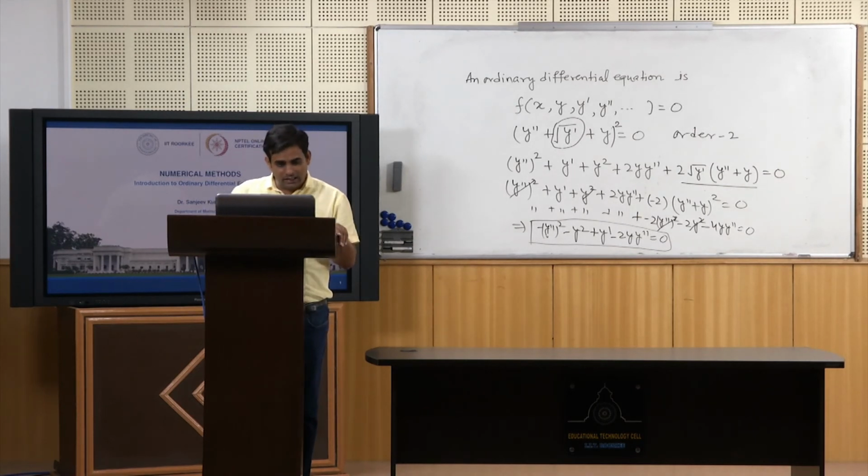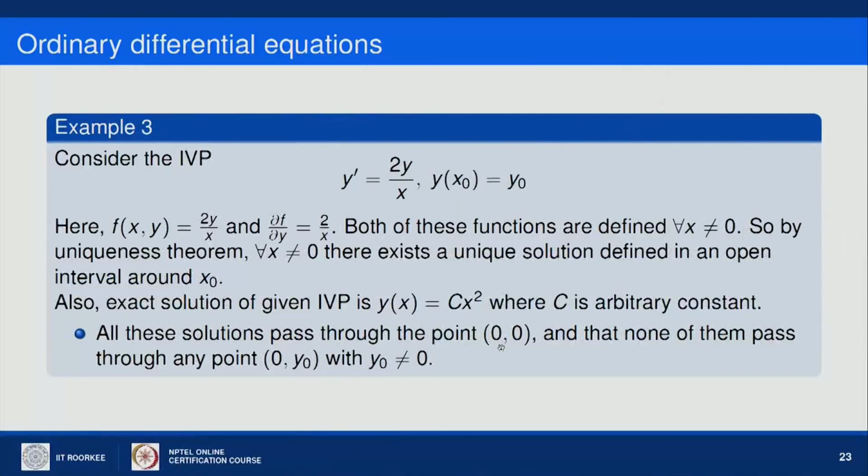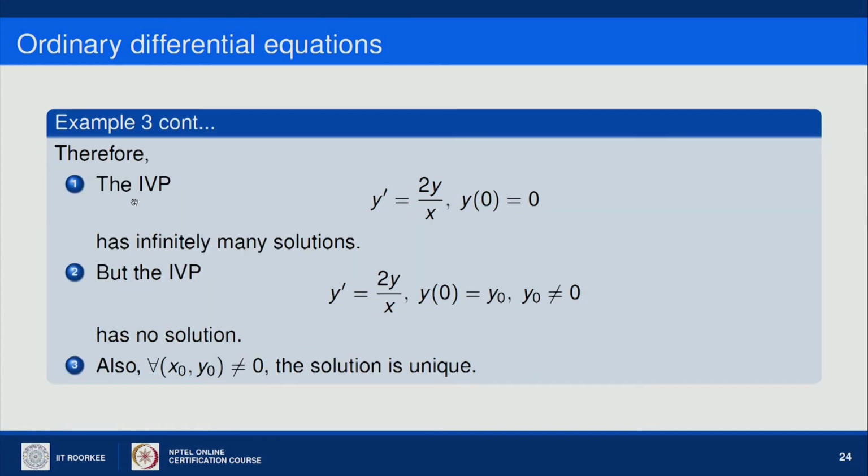So, you can check that for all these solutions, when x is 0, y is 0. All these solutions will pass through the point (0, 0), but none of them will pass through any point on the y axis except the origin. So, the initial value problem has infinitely many solutions.